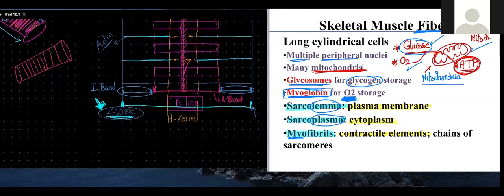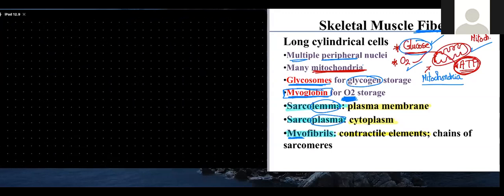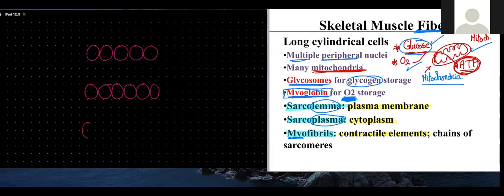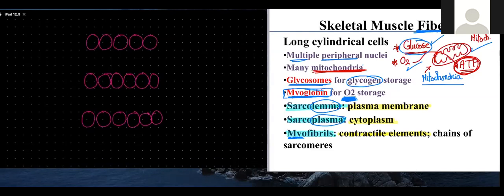So again, if I'm drawing here the sarcomere, the structure of the sarcomere is going to be formed of thick filaments lying on top of one another, like this. Alternating with those thick filaments, you're going to have thin filaments.